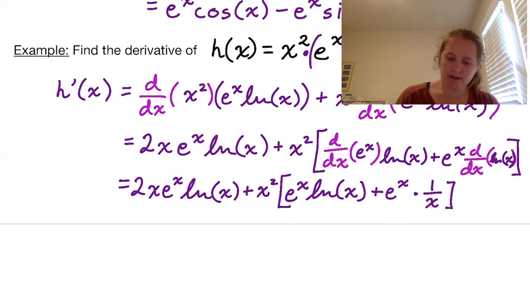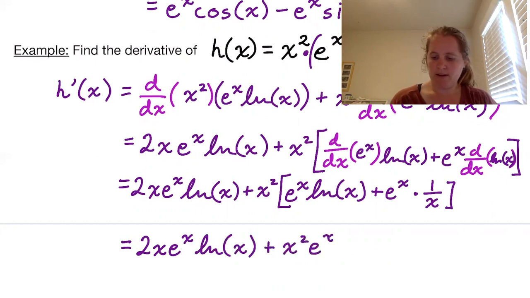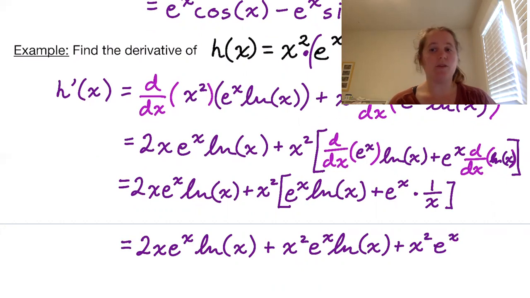Now, if we go ahead and just distribute in the x squared, we have 2x e to the x natural log of x plus x squared e to the x natural log of x plus x squared e to the x times 1 over x, or we could just put it over x.